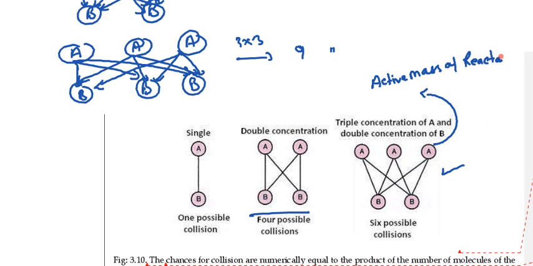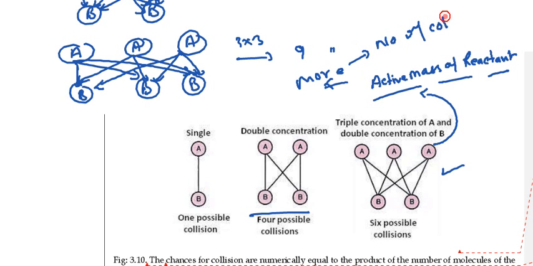If the active mass of the reactant is more, the number of collisions is more, and if the number of collisions is more, the rate of reaction increases. These three statements are correlated to each other, which completely justifies the collision theory.